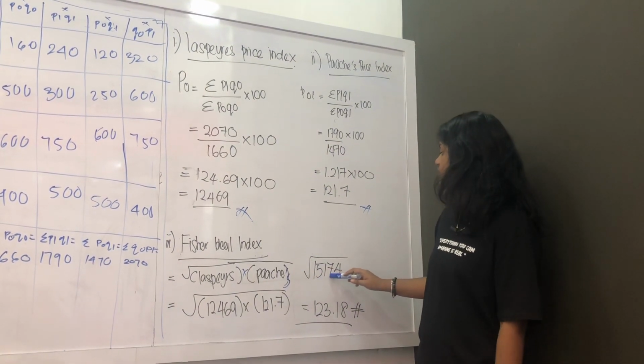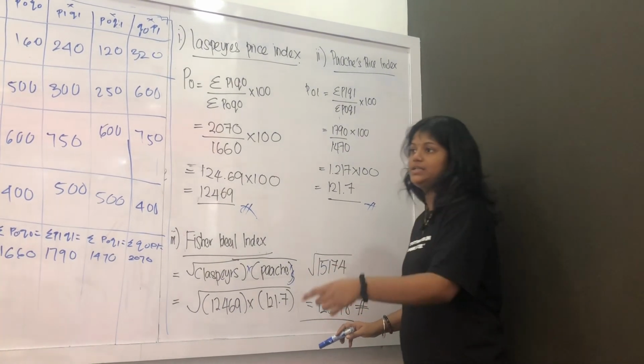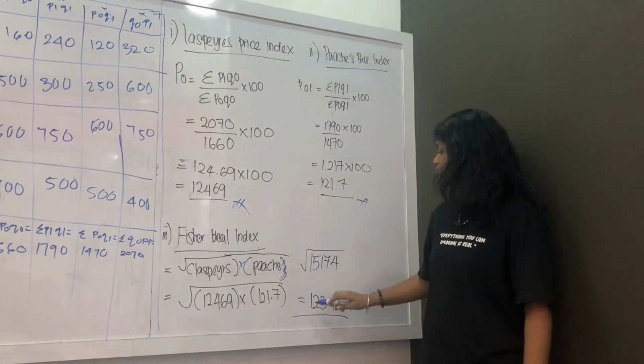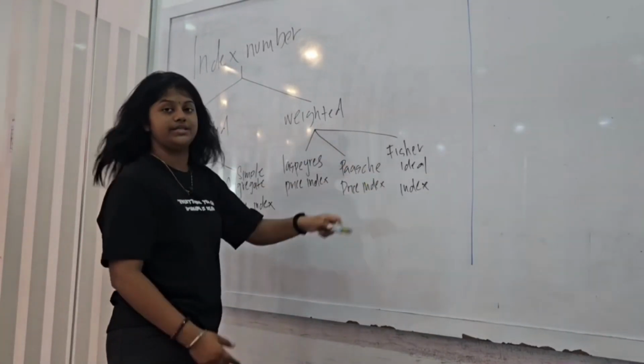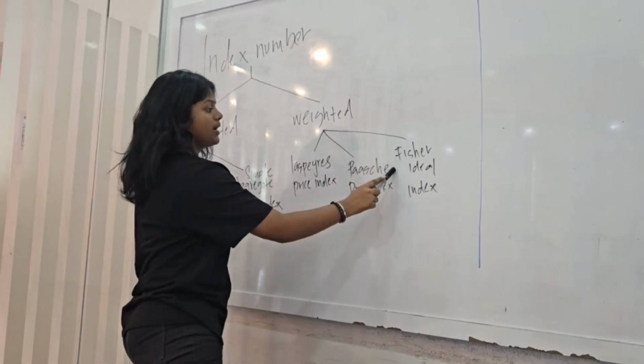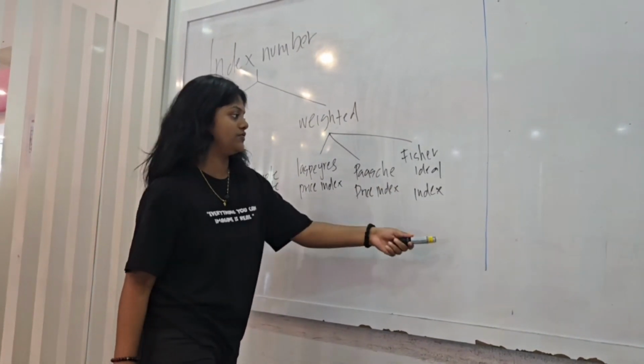Square root of 15174, and then you calculate and you get the answer 123. The next one is weighted. The three types of index are the Laspeyres price index, the Paasche price index, and the Fisher ideal index. So let's see the three methods.